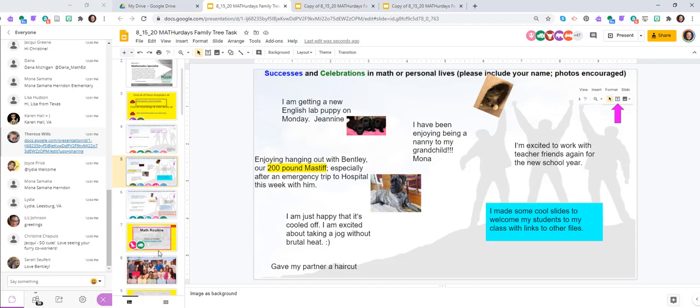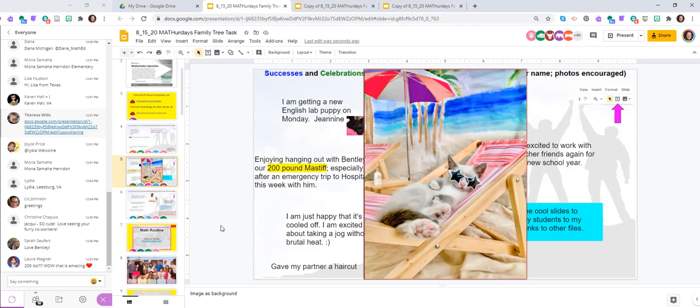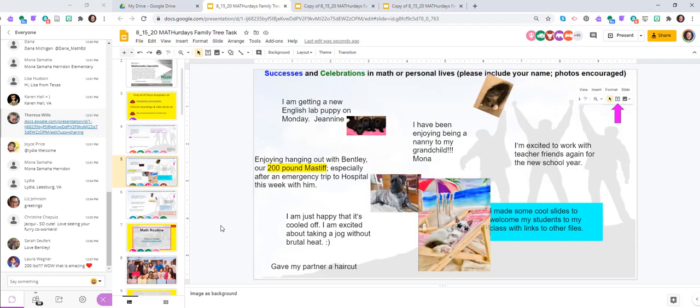Wow, that's incredible. Well, folks, this is called Successes and Celebrations. I like it because it gives every single student a voice. Even if I am not yet at the point where I am typing, I might be able to upload a picture. Even if I am not somebody who wants to speak out loud, I can still type it there. We can also give our students cues, and they can give us cues.